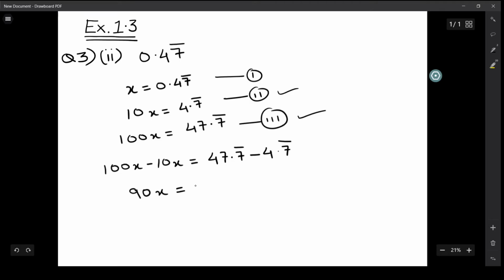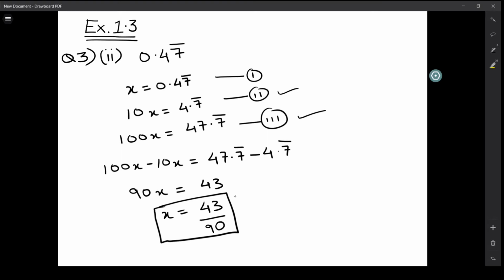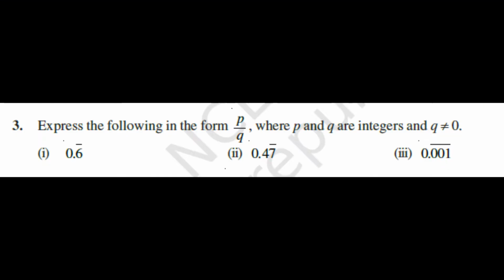This gives me 90x on the left hand side and 43 on the right hand side, and hence x is equal to 43 by 90. Now we can cross-check the solution by doing the long division. I'm not going to do it in this video, but you can do it yourself, and you'll notice that when you divide 43 by 90, you get this exact decimal expansion.